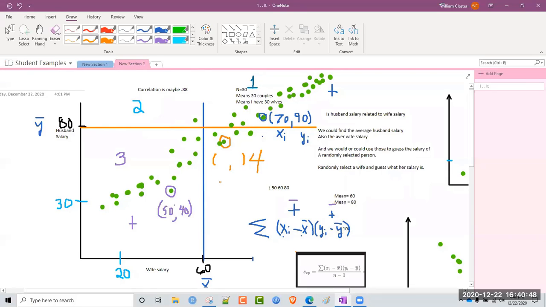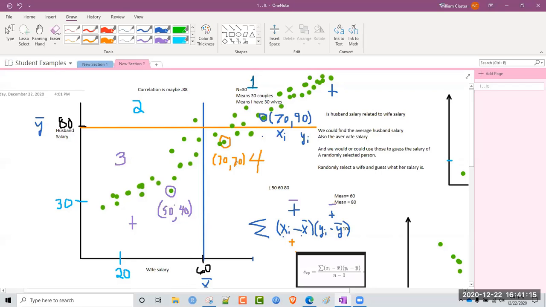So its coordinates might be, this might be 70 for the x. And this is going to be less than 80. So let's say it's also 70. So when I do this calculation for this dot in quadrant 4, I'm going to get 70 minus 60, that's positive.